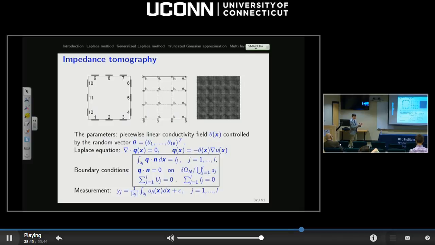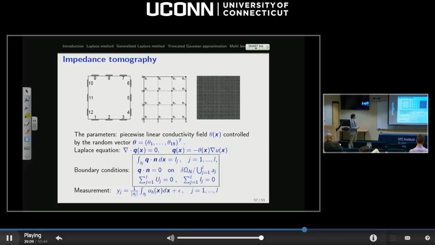From one electrode, the electricity goes in. From another electrode, the electricity goes out. So we discretize the parametric space spatially using a piecewise bilinear field. And in total, we have 16 nodal parameters.